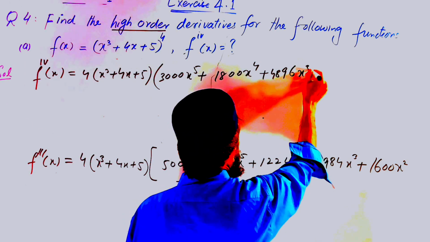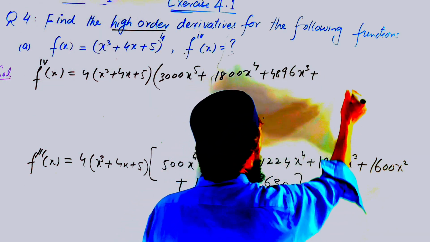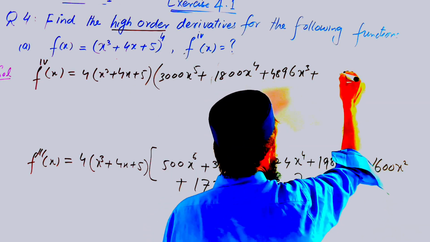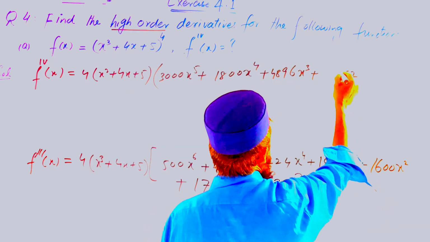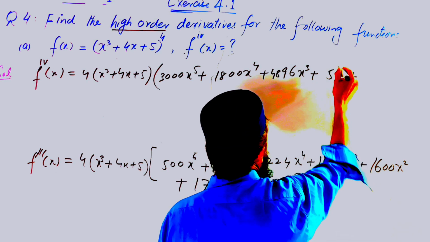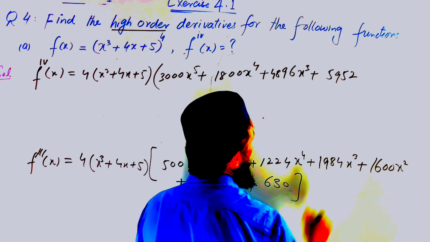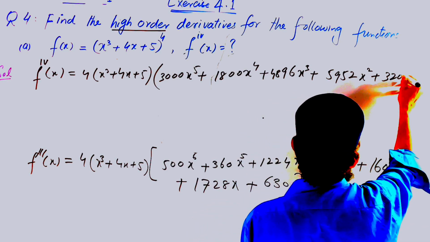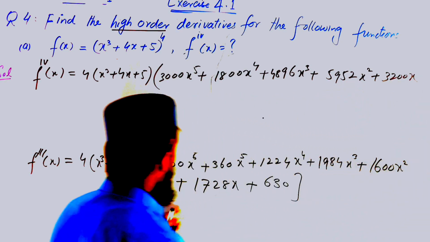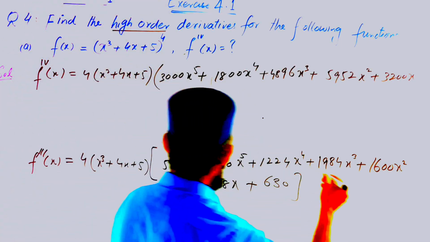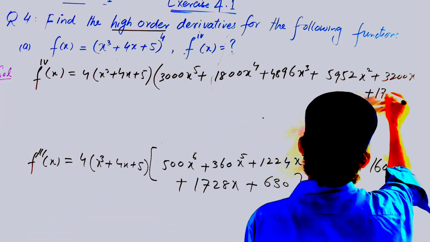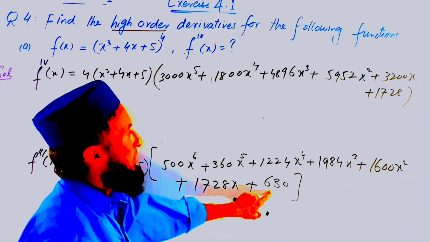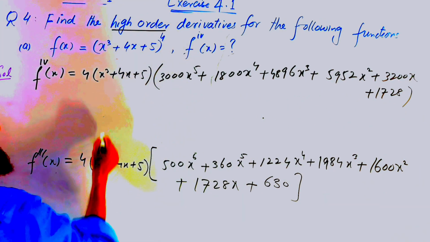So x cube plus 3, we get here this value and x square plus 3200x. The derivative of x is 1. This constant is 0.